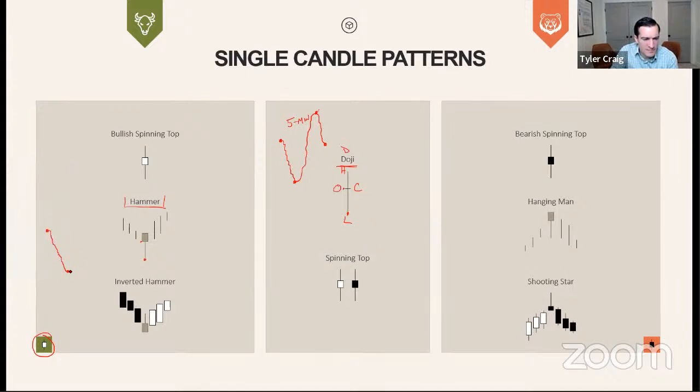Found a bottom. Bulls come firing back. They say, nope, go back up. Go back up. Go back up. And then you close at the high of the day. So good. Well done. That is a hammer candle.